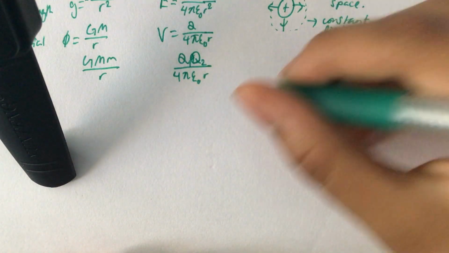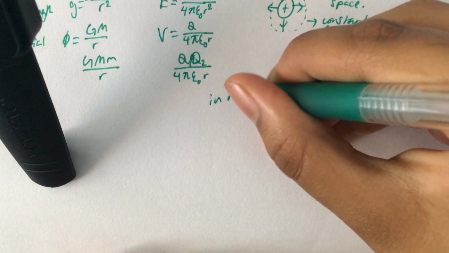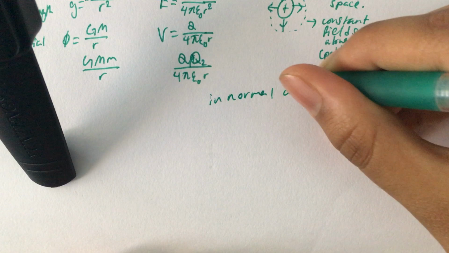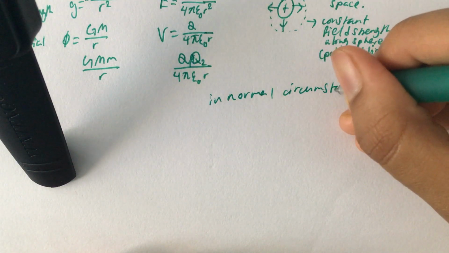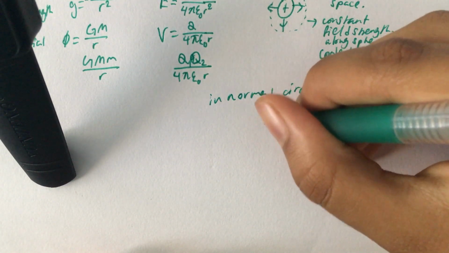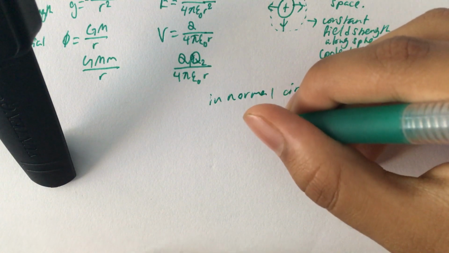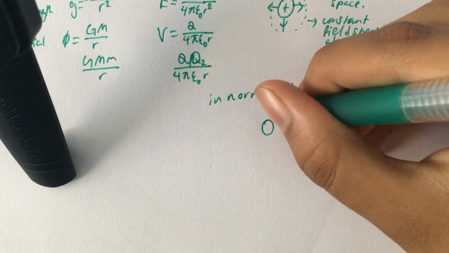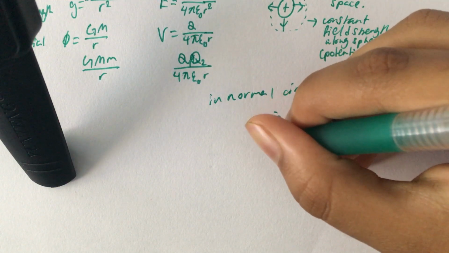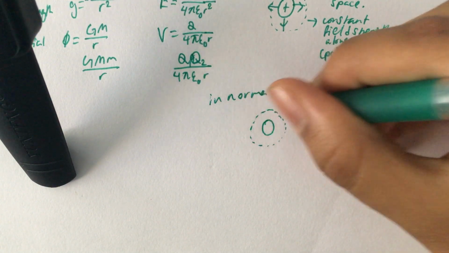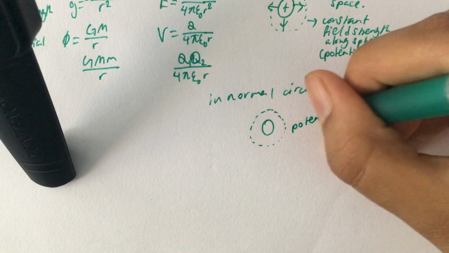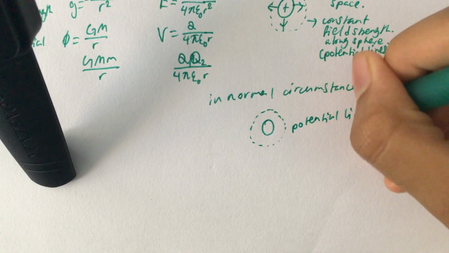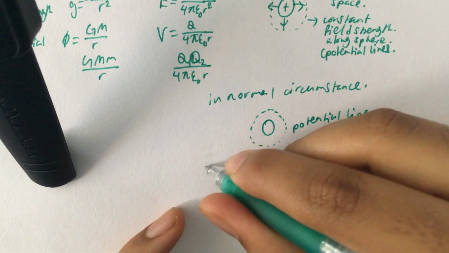If you're looking at a uniform field, you would need something that creates parallel potential lines. Therefore we use parallel metal plates, and you connect them to a battery or power source.